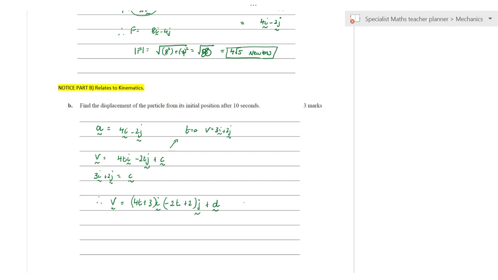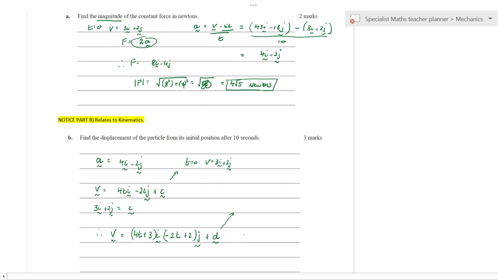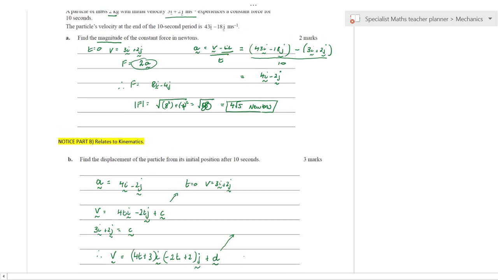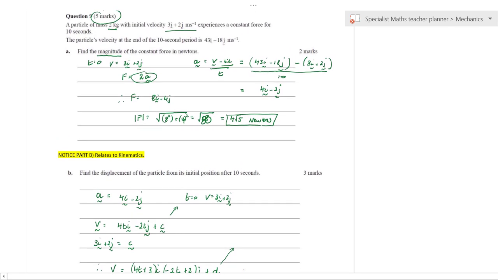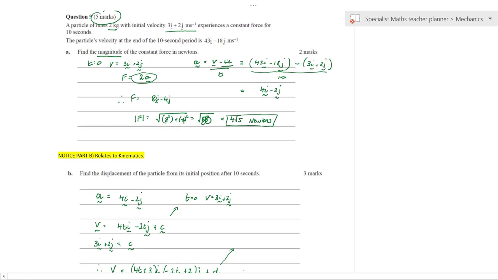But we've got to find the displacement. We've only got the velocity. Now, you could do it a number of ways. You could sort of integrate and all that sort of stuff, but let's go ahead. Now, it says a particle's mass with initial velocity experiences a force of this, particle's velocity of this.